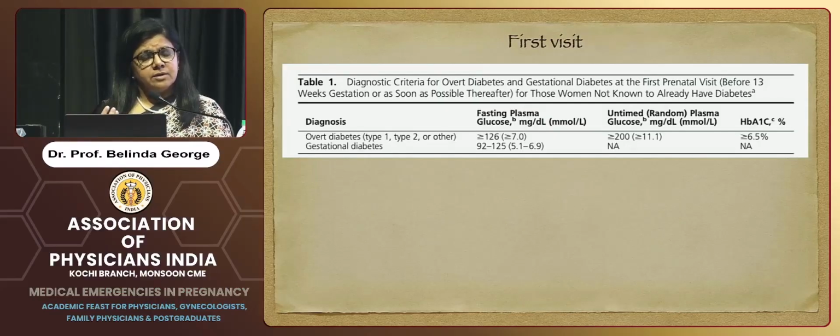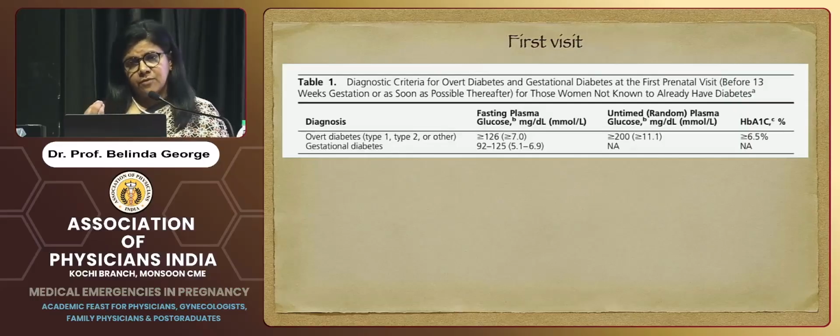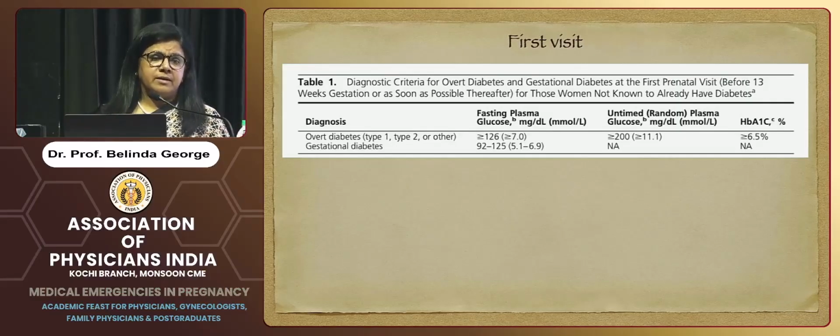And like I mentioned earlier, what are you trying to look for at this gestational age? We are trying to look for pre-existing diabetes. So the cutoffs are what we use for non-pregnant diabetes. If anybody has a fasting glucose more than 126 or an A1C above 6.5, you can call this overt diabetes in pregnancy, which probably was present even before the patient conceived.